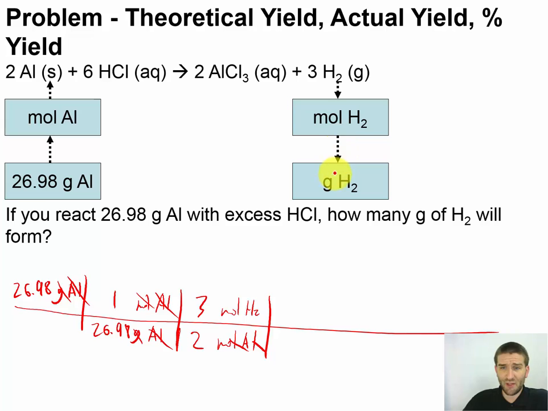Now I need to determine how many grams of hydrogen I have. So I need to go from moles of H2 into grams of H2. For that, we're going to need the molar mass of hydrogen. We know that the atomic mass of hydrogen is going to be 1.008 grams per mole. For H2, it's going to be double that.